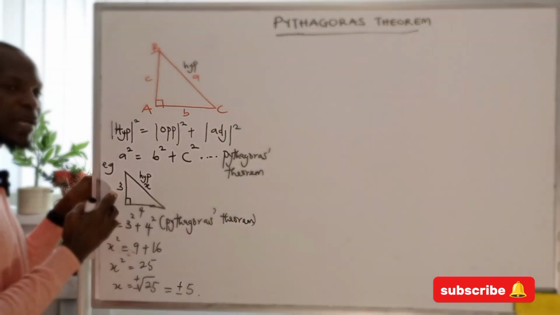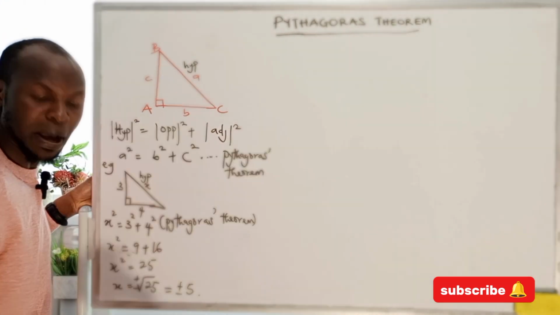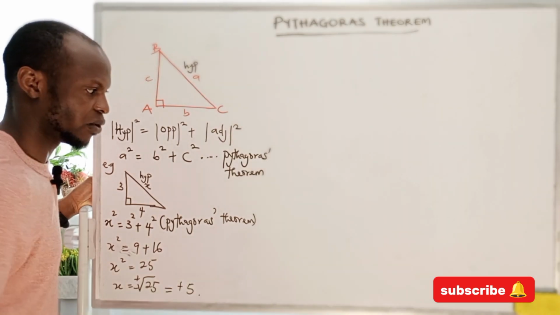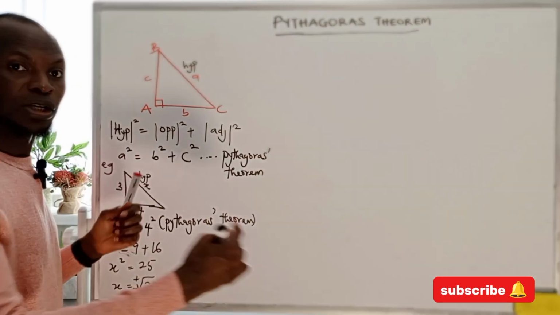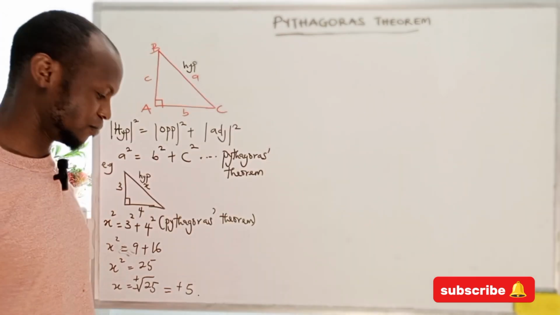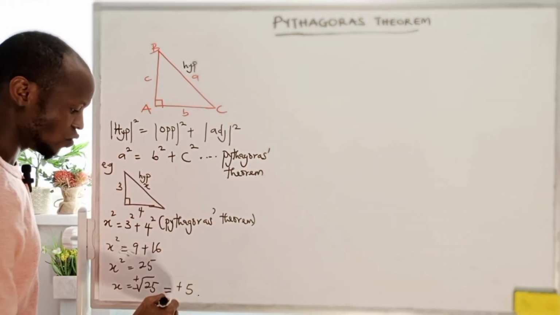But the side of a triangle cannot be negative. You can't say you are minus 5 centimeters or minus 5 meters tall, because you measure distance in positive. That's why my answer will be 5.